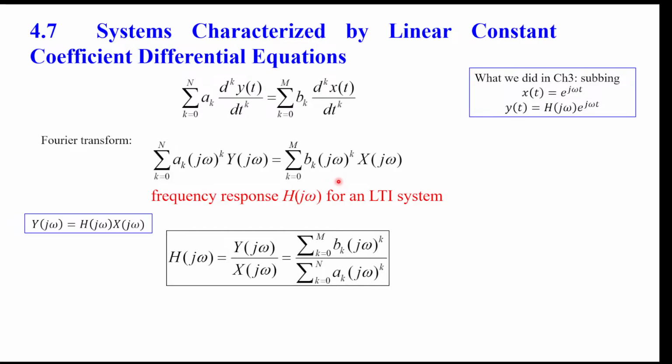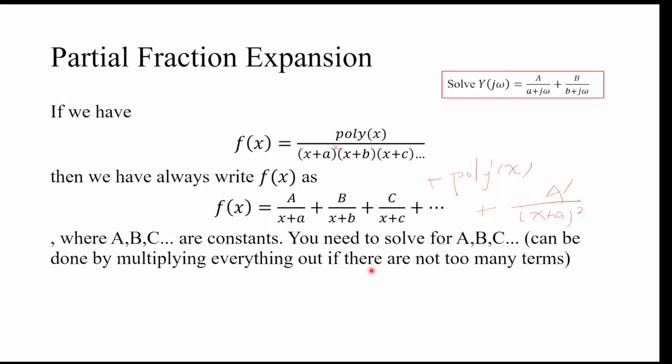Then if your system is LTI, your big H is big Y divided by big X, which will equal a linear combination of bk times (j omega)^k divided by ak times (j omega)^k. So this will be a rational function of j omega, and we can do partial fraction expansion on this rational function to get a whole bunch of partial fractions in terms of j omega, and we can look up the table to invert those partial fractions.